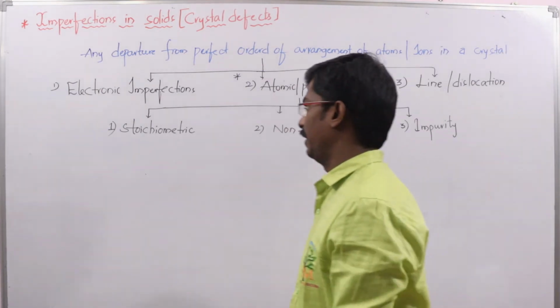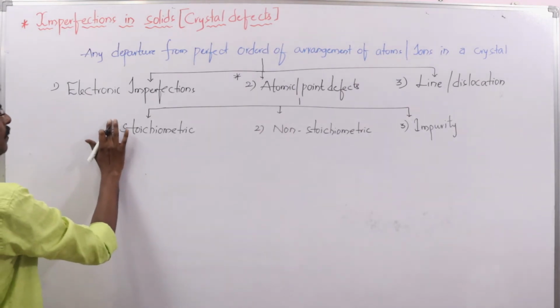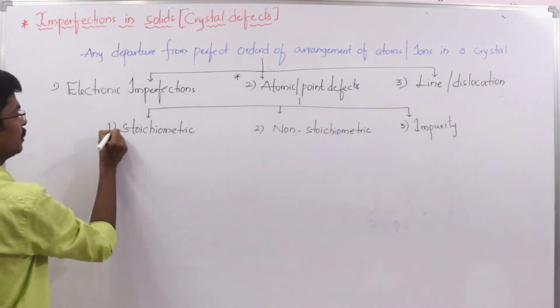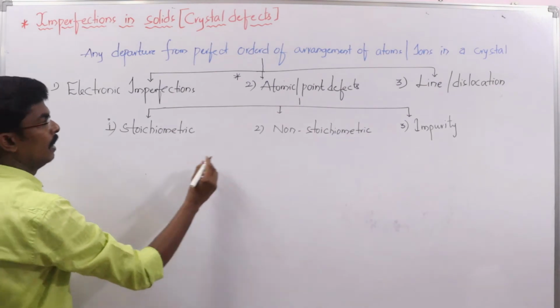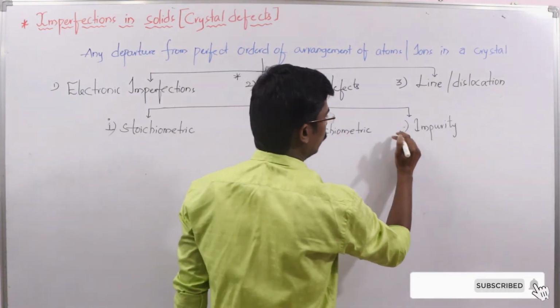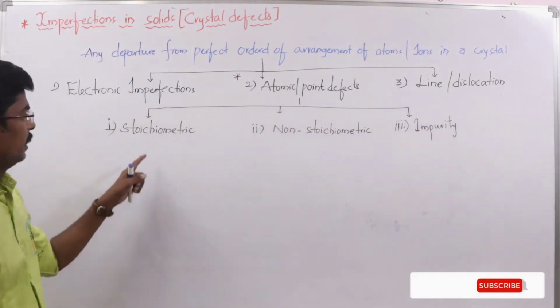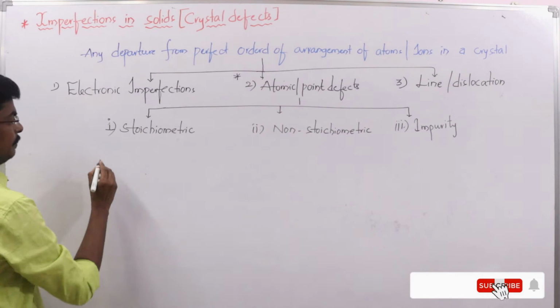So three different types of defects we expect from atomic or point defects: stoichiometric defects, non-stoichiometric defects, and impurity defects.